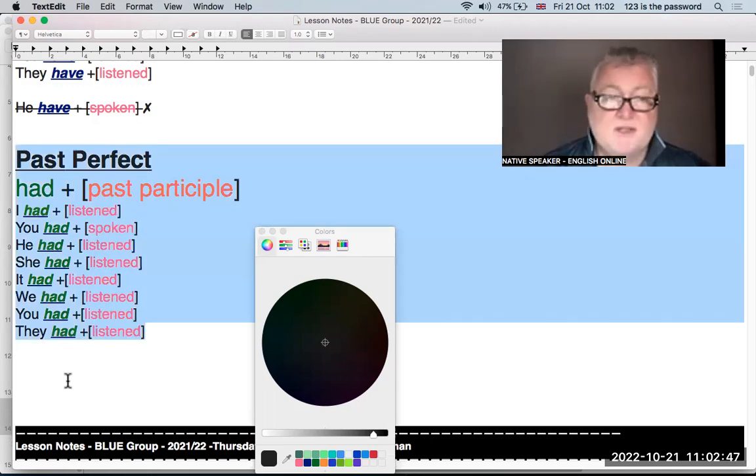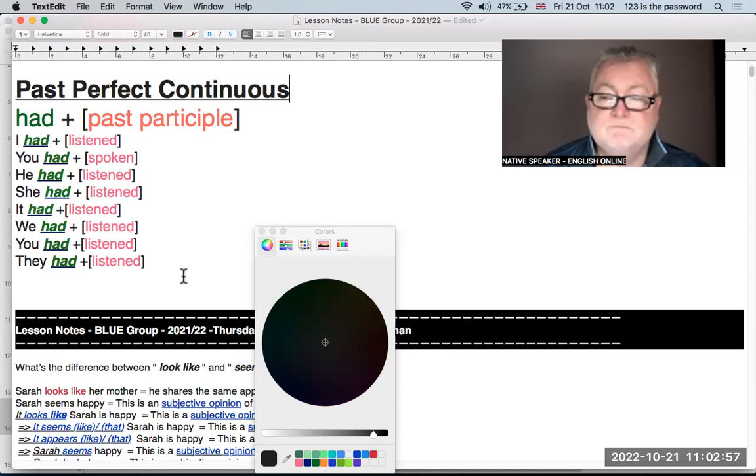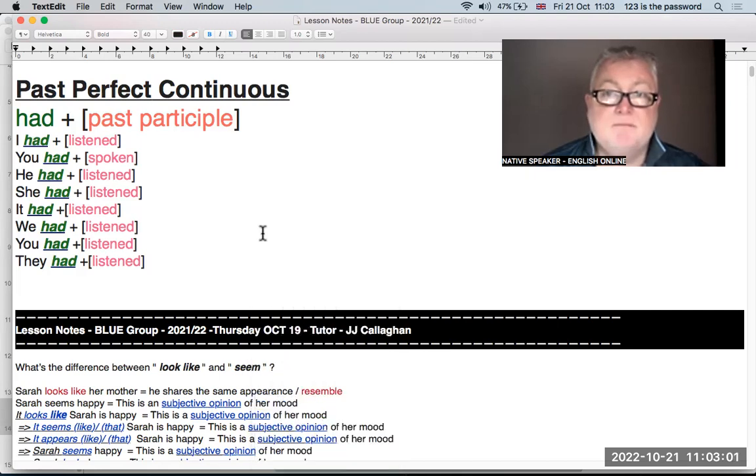How many verbs are needed in the past perfect continuous? Katerina. Any idea, Katerina? No, teacher. What's the verb partnership in the past perfect continuous?